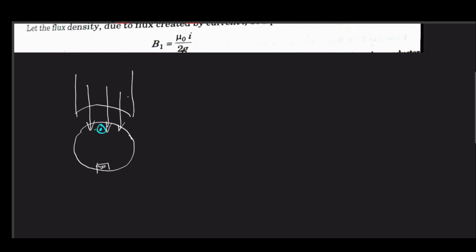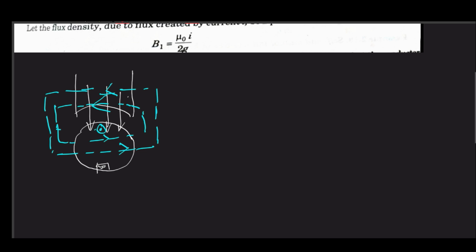Dot means the current is emitting out of the plane of this board, so basically you get a field in the counterclockwise direction. Obviously the armature field is totally perpendicular and cross magnetizing in nature.